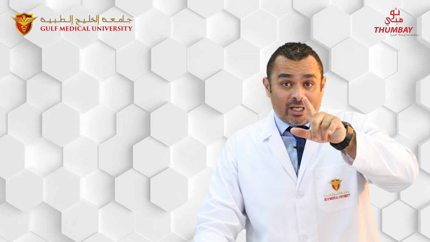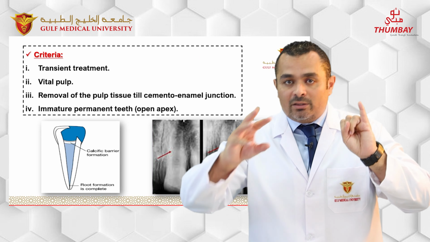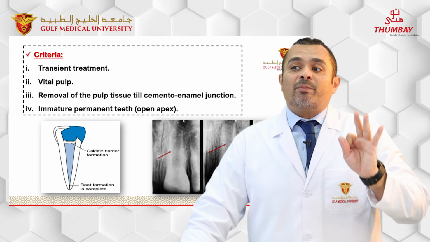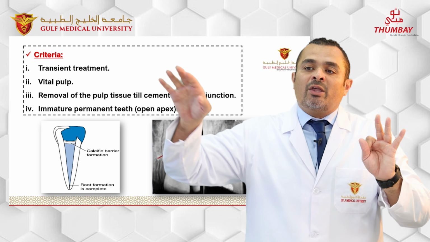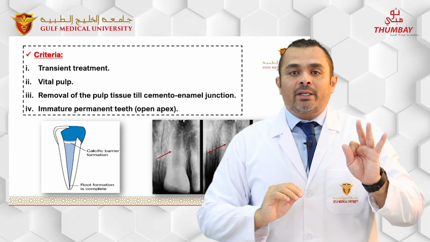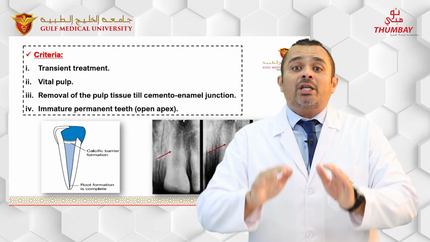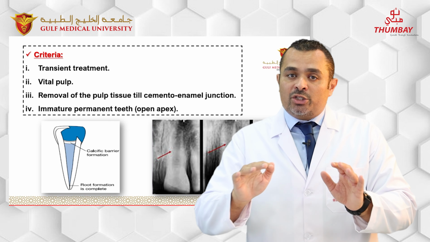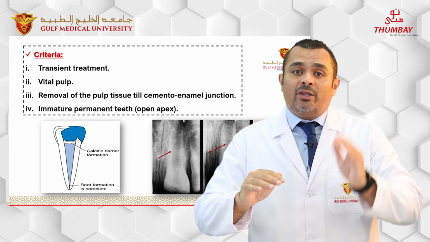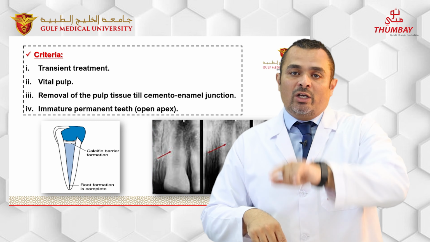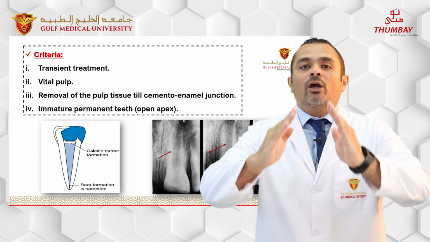So we can summarize: for transient treatment, it should be removed and an RCT made. In a vital case, remove the pulp tissue till the cemento-enamel junction, in an immature open apex. In 2 visits: first visit, open, irrigate with saline, place the MTA or the Biodentine, then close. Follow up every 3, 6, 9, 12 months, then the root will be completed.